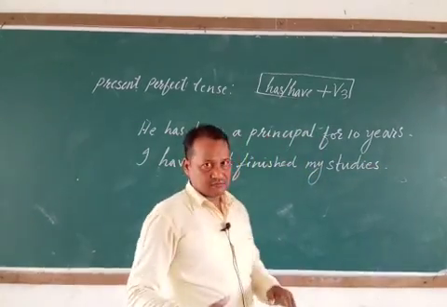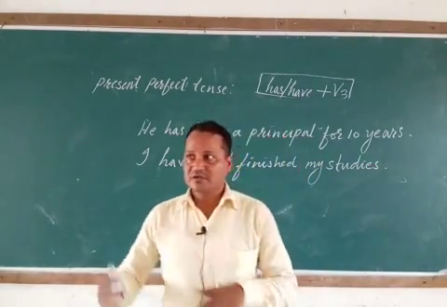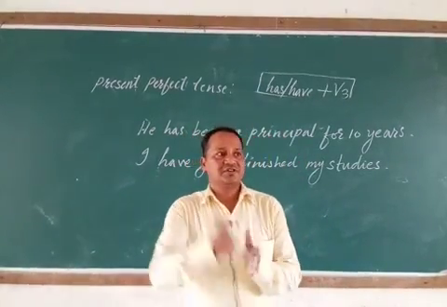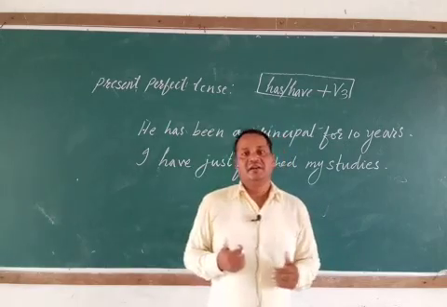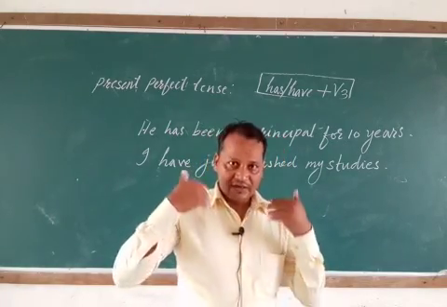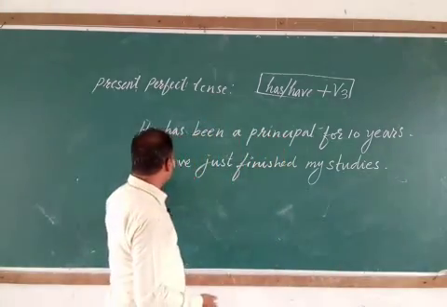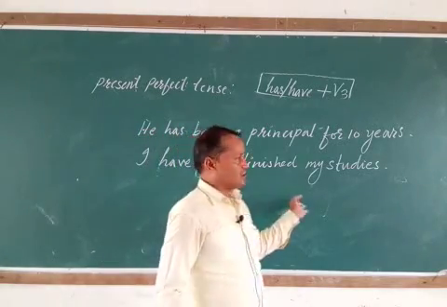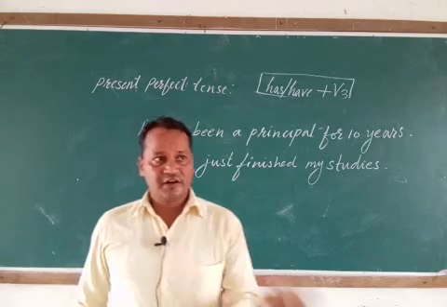So the work of studying, getting education, was just finished. I just finished taking my degree. The work has just finished, so it will be expressed in present perfect tense.